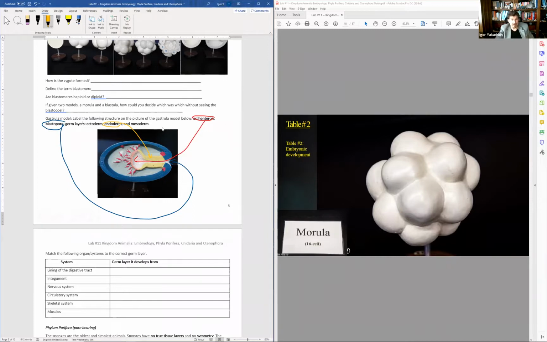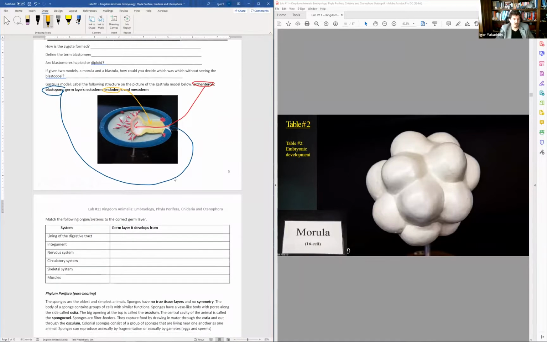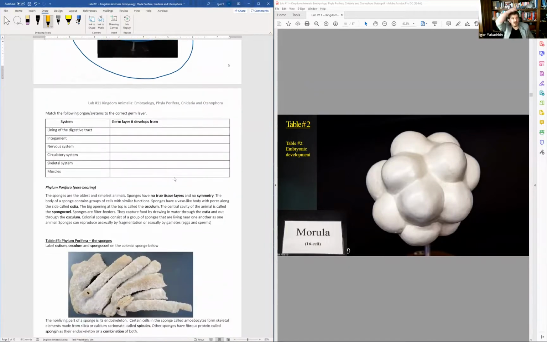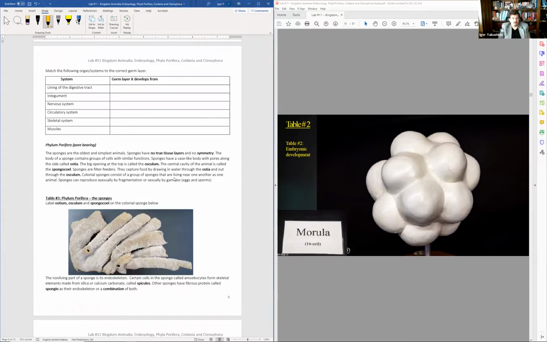So far, I don't really have many problems with you guys labeling all that. And the ectoderm, I think the ectoderm was kind of bluish. So ectoderm, the outside layer, and those pink ones are the mesoderm. All right, so now, lining of the digestive tract, that would be endoderm.